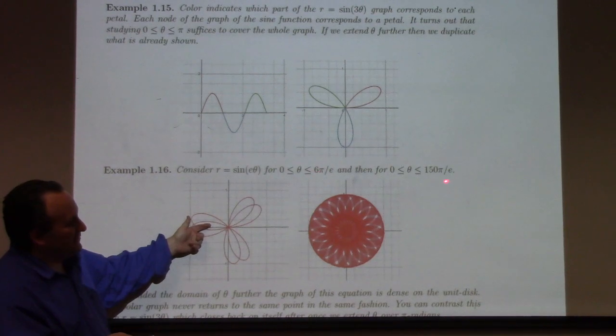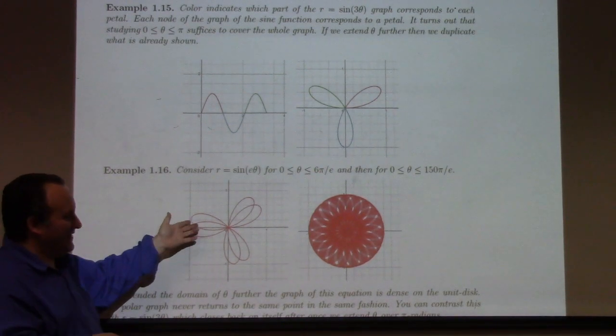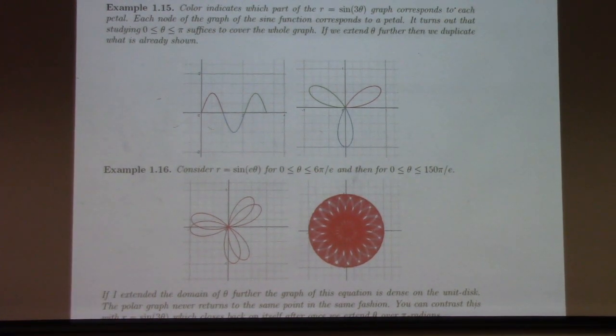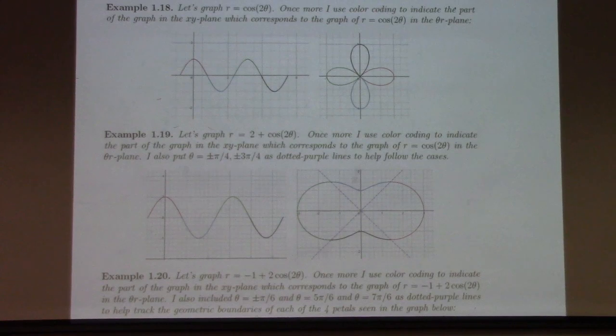But anyway, instead of 2 cycles, this is 50 cycles of this thing. And you know what happens if we go on further, right? It just colors it in. Does it fill up all the points though, or are there still points missing? It will be dense, let me say it carefully.